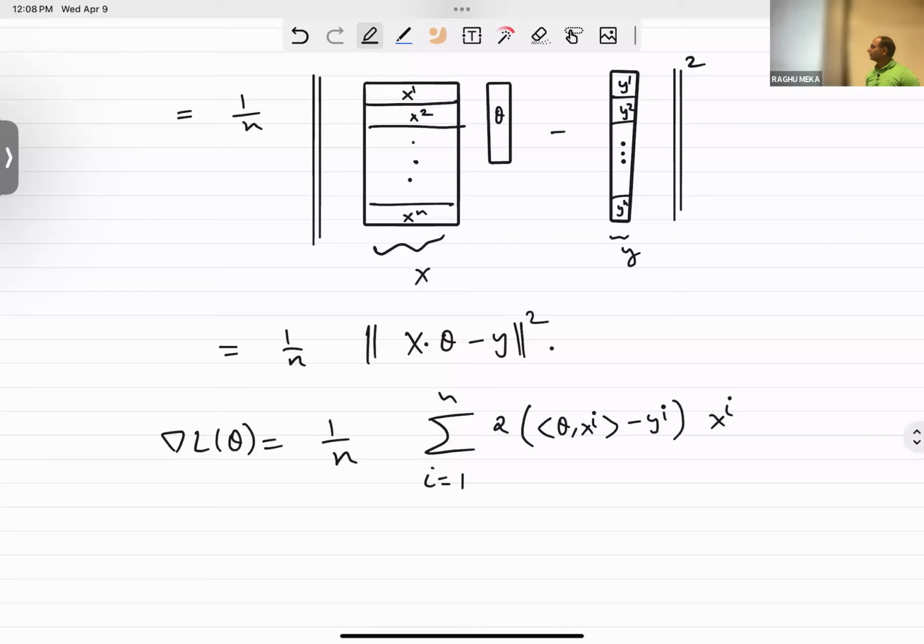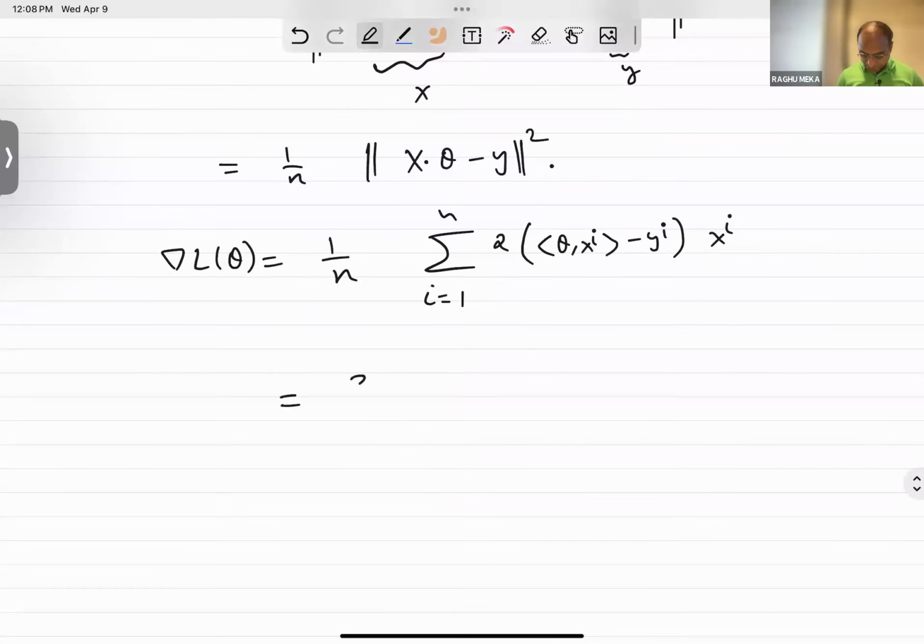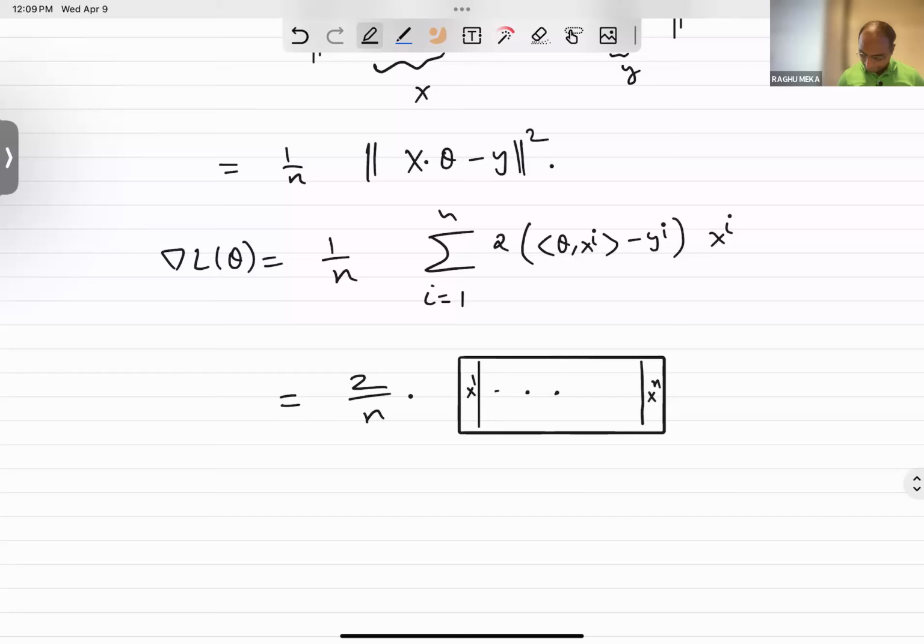And you can think of this as 2 over n times X transpose (X theta minus Y). So if you want to write down the gradient itself also as a matrix, you can compute it using matrix vector multiplication. If you were to write it up in Python, any such program, this would be much faster than writing a for loop. That's just how the languages are optimized.